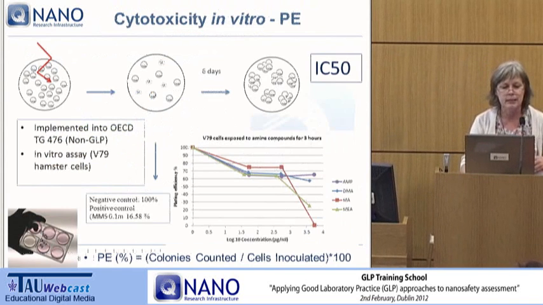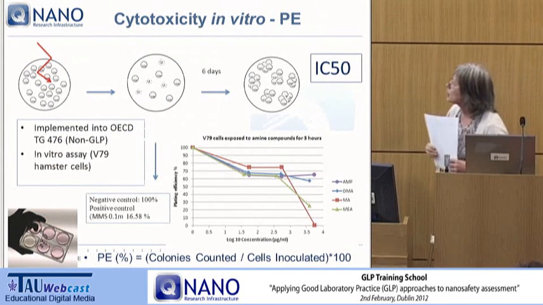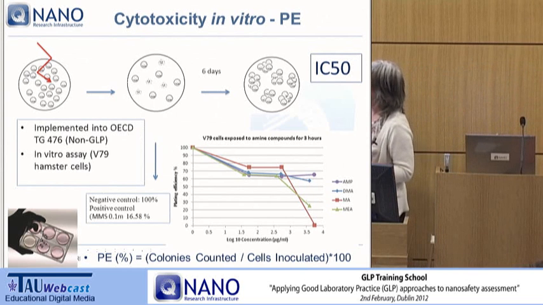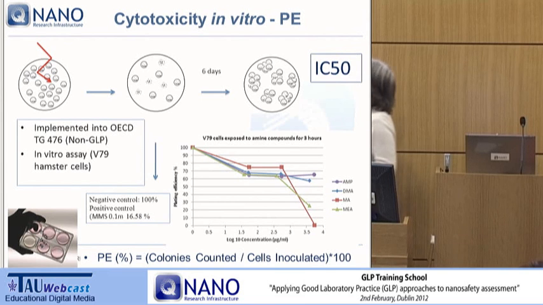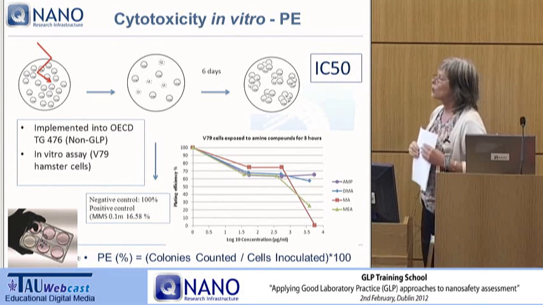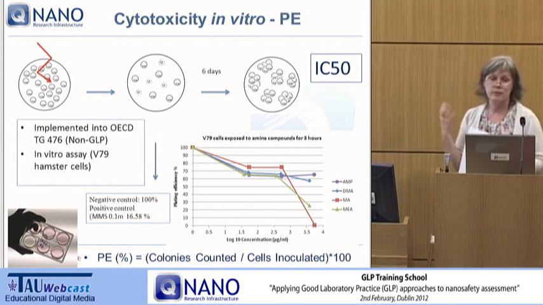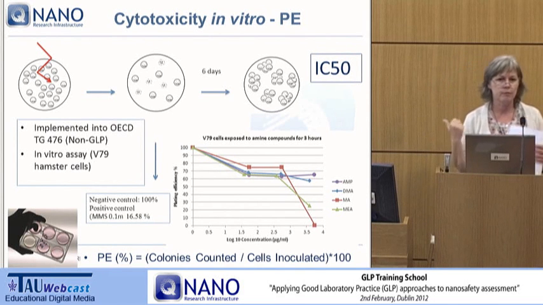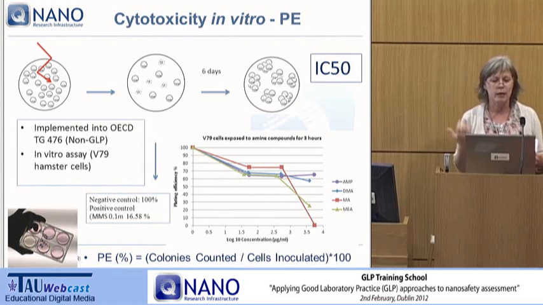And maybe here is an even better illustration: you treat the cells and then inoculate a small number, and when it's toxic, of course cells die, and if it's not toxic, each viable cell can make a colony.